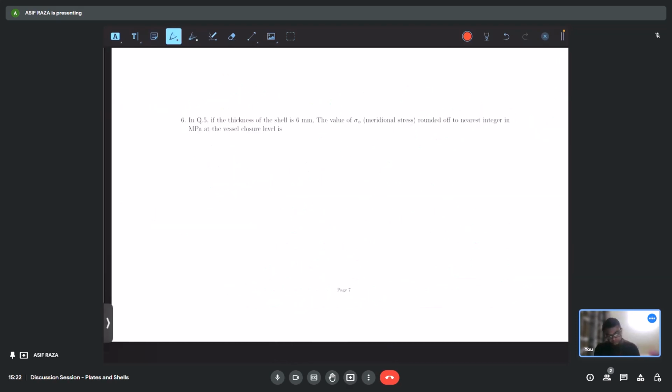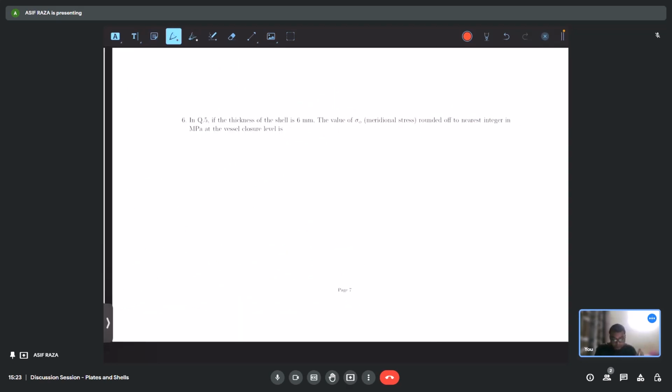Okay, so next question. In question 5, if the thickness of the shell is 6 mm, the value of sigma phi, that is meridional stress, rounded off to nearest integer in MPa at the vessel closure level is.